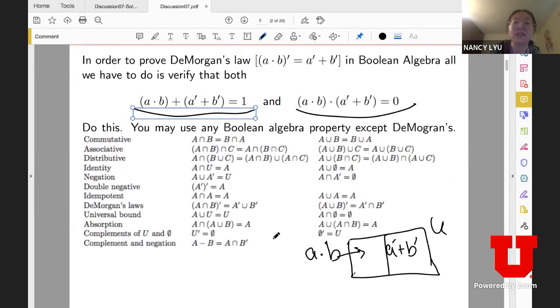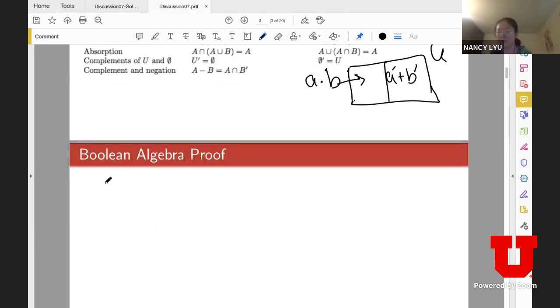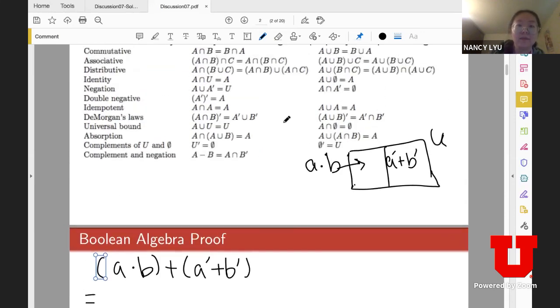Okay, so now we're going to use the Boolean algebra properties to show these two are true. Let's start with the first one. All right, so how are we going to prove this?